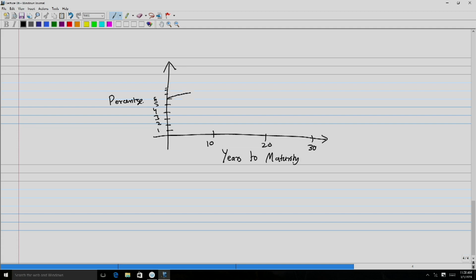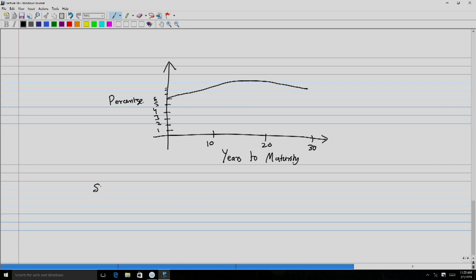Typically the graph will look like this, but occasionally the graph might dip, that is to say that for a longer duration you might actually get a lesser yield as compared to a shorter duration, but typically you will have this graph always going up.